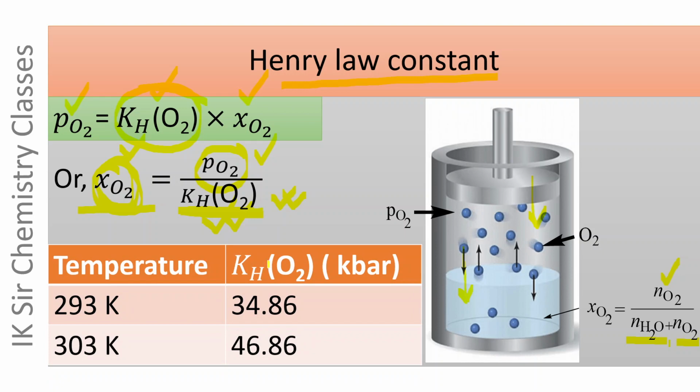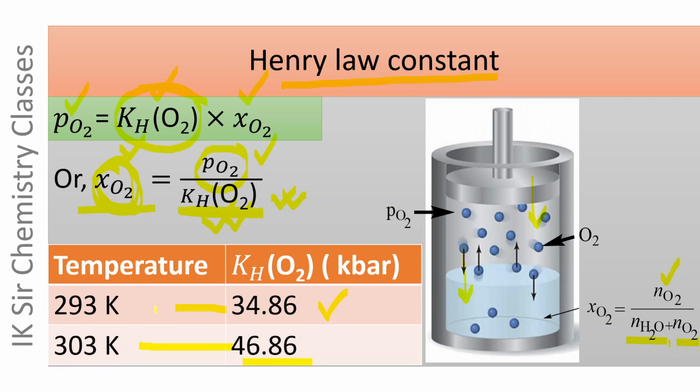The Henry law constant for O2 gas at two different temperatures are given here. At 293 Kelvin, KH O2 is 34.86 kilobar, while at 303 Kelvin, the value of KH for O2 is 46.86 kilobar.